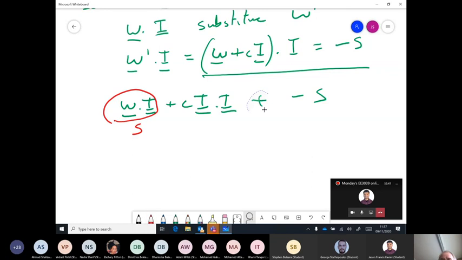Let's just correct that. Now, tidying this up, put the S over the other side. We're going to have C I dot I equals minus 2S.